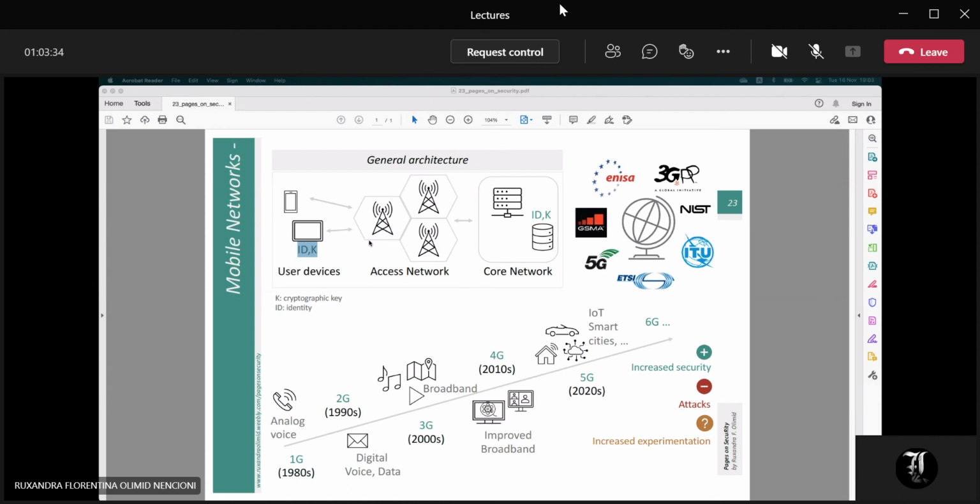Again, this can be used in a good sense. And it can be used, of course, if implemented by the network operator, against thieves.